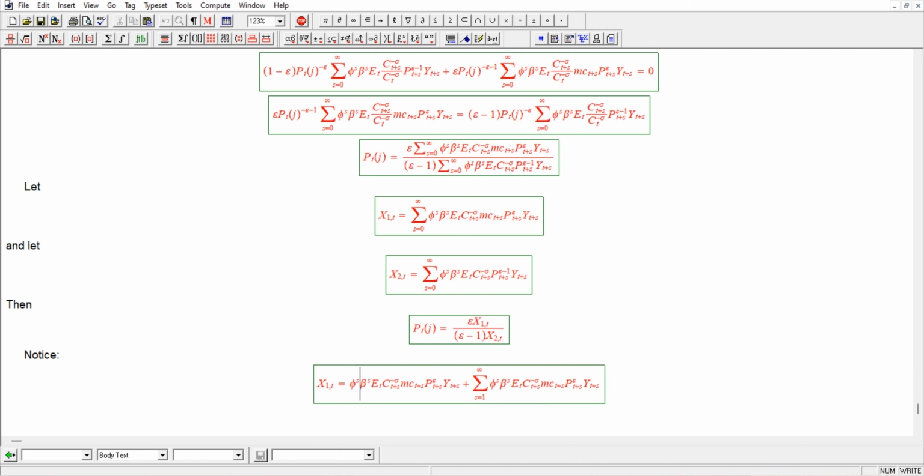S equals 0, so these terms disappear. So we set all of these terms such that s equals 0. Next, we could set this to s equals 0 as long as we add 1 to everything.